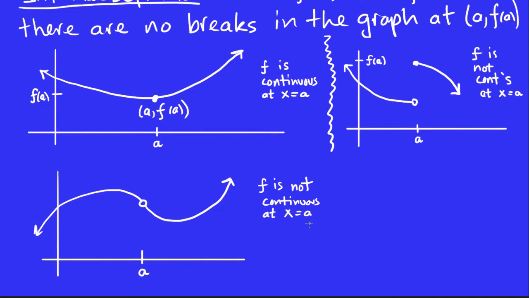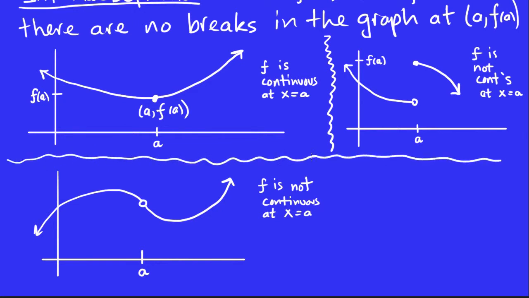Now remember, a is just like any number, like 5 or -3 or whatever. I like to use letters because it keeps it general. So if the function's not even defined at the number, there's no way it can be continuous. I think that's worth writing down.